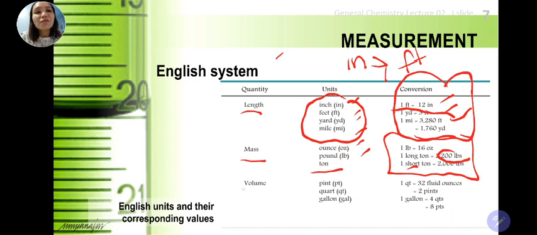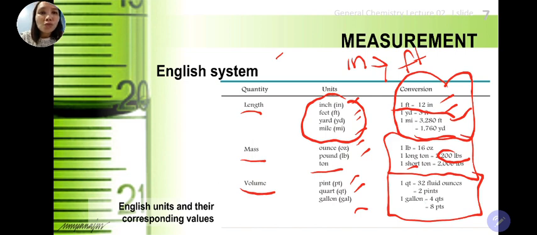Okay, next is sa volume naman. We have pint, quart, or gallon. So, these are your conversion factors. 1 quart is equal to 32 fluid ounces and also equal to 2 pints. Alam niyo yung ice cream, 'di ba meron tayong size ng ice cream na pint, 1 pint. Yun yung example.